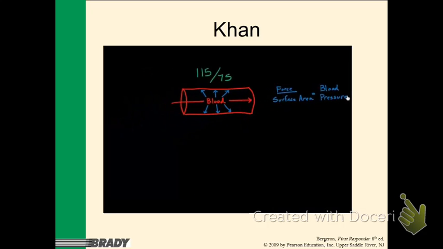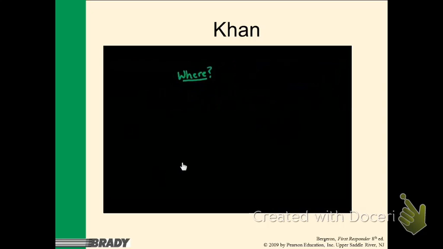And the two questions that kind of pop into my mind anytime I'm thinking about blood pressure are, where is the blood pressure being taken, and when are you taking it? So let's start with the first question, where? And by that, I mean where in the circulatory system.